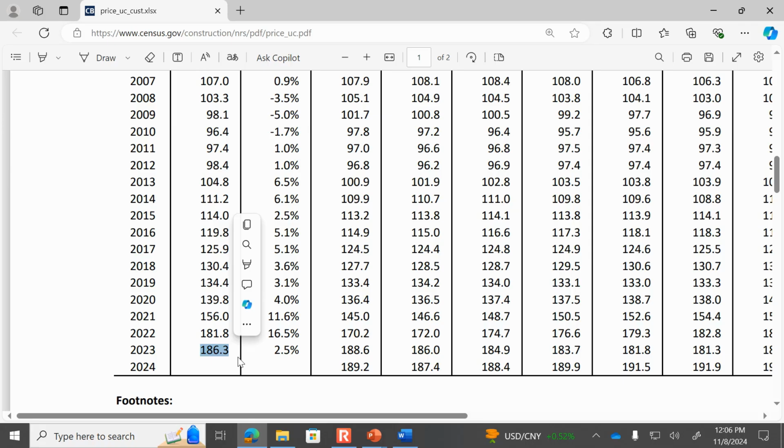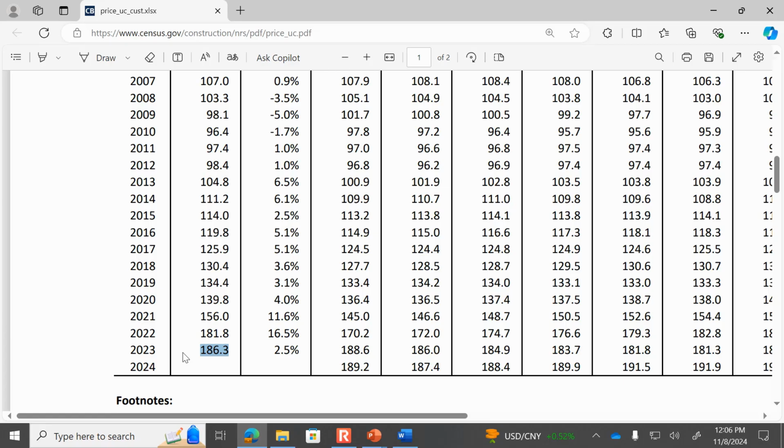So if in 2005 your parents built a house and it cost $200,000 to make, that same house at the end of 2023 would cost 186.3 divided by 100.